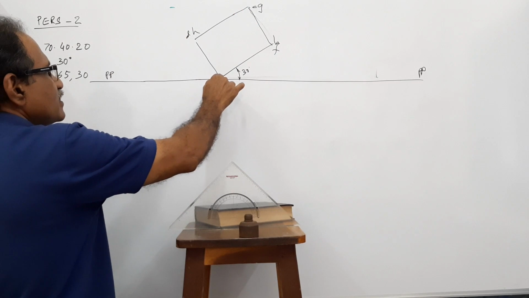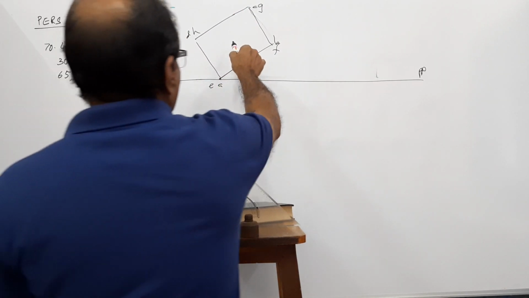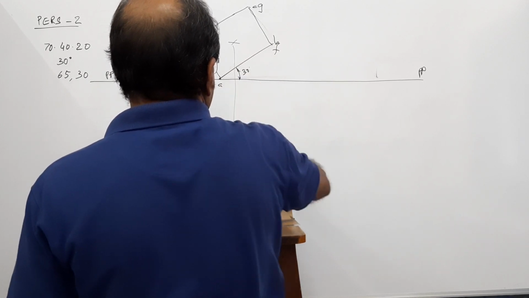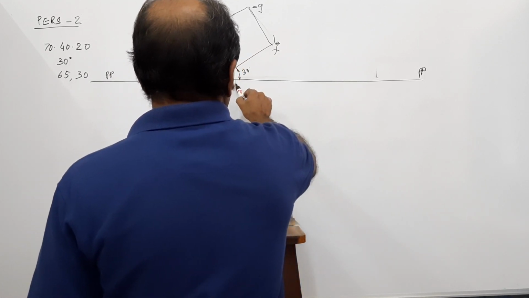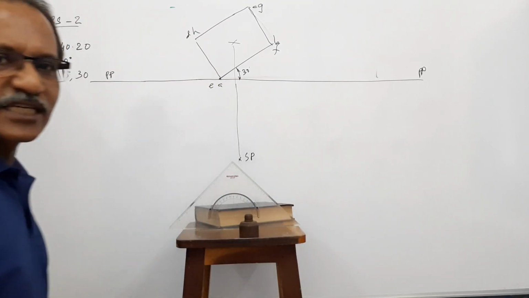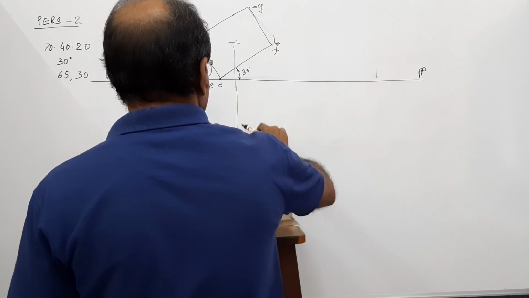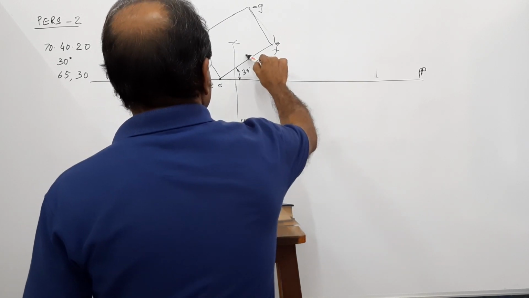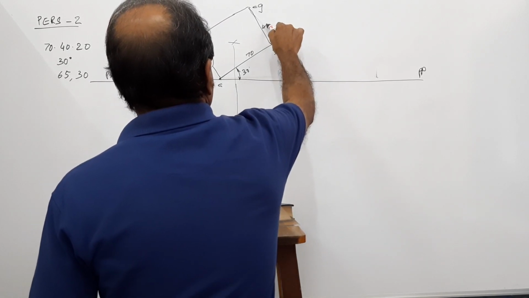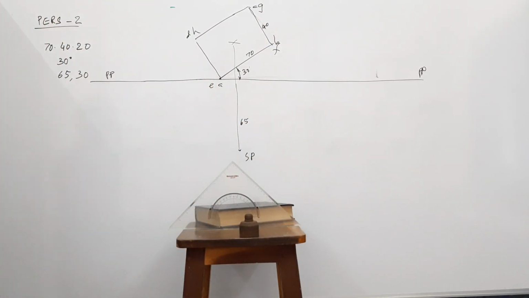This vertical edge is touching picture plane. Now, find the center of the box. Draw a vertical line and 65 mm in front locate a P. What is the P? Station point. This distance is 65. This is 70. This is 40. Thickness is 20 that you cannot show. I think this is clear.